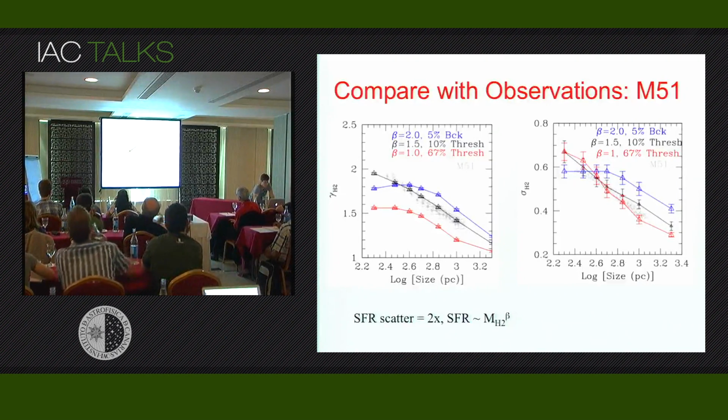The three colors, red, black, and blue, identify the three star formation laws that I tested. I'm a little reluctant to call them star formation laws because they simply correlate the star formation rate to the mass of the gas cloud to some power, okay?